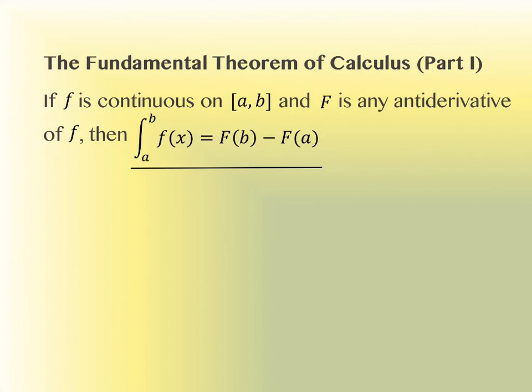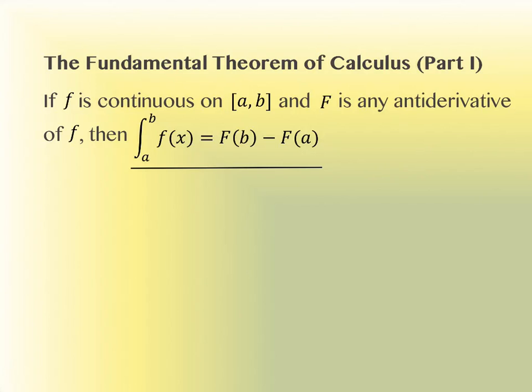The fundamental theorem of calculus says that if you have a function that's continuous on [a, b], and its antiderivative is capital F, right? We looked at this notation back in section 1. Then if you want to find the definite integral from a to b of the function, this is actually a calculation for how to find it without rectangles. Good news, right?